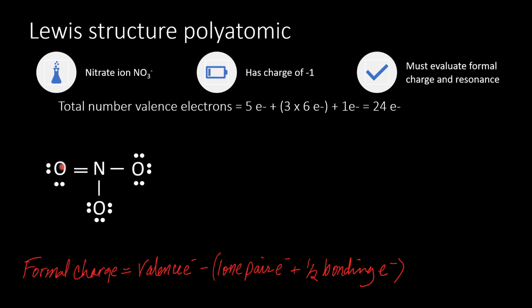Finally, for this oxygen, 6 valence electrons minus 4 lone pair electrons minus 1/2 its bonding electrons, or 2 electrons, gives us 6 minus 6 equals 0.